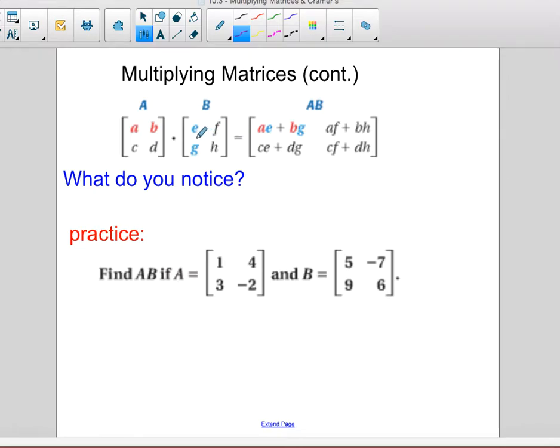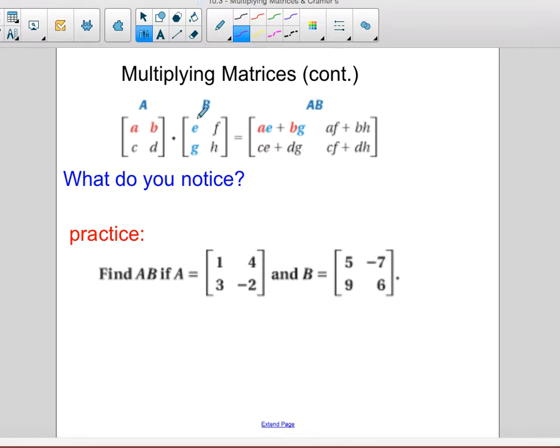So then, however you want to do it, it doesn't matter what order. The bottom left-hand one: I'm going to go to the bottom row of the first matrix, and it's the left column, so I'm going to stay in the left column here. So it's going to be C times E plus D times G, and that's going to go here, the lower left. For the upper right, I'm still in the upper row, but I'm on the right column this time.